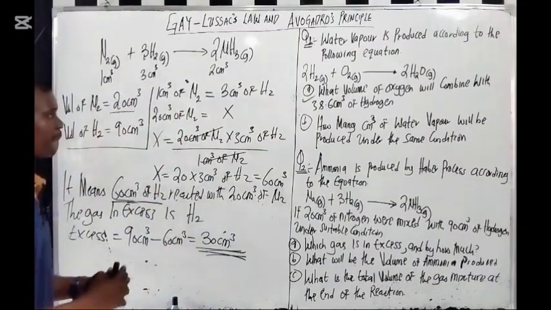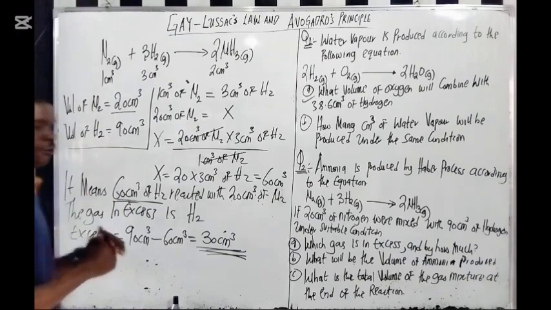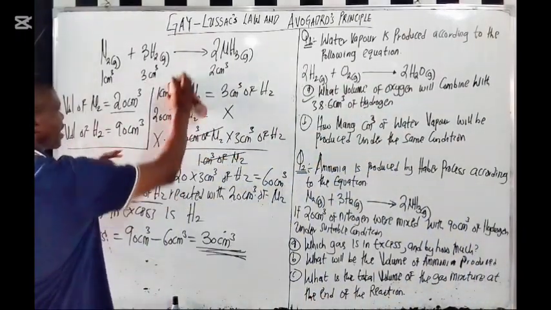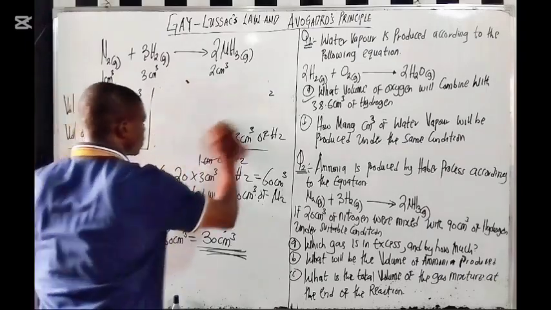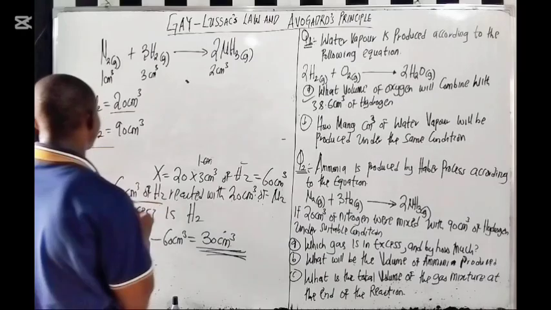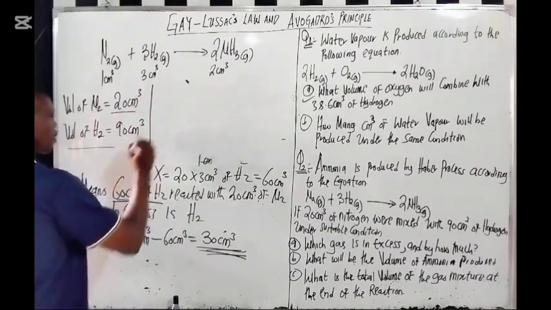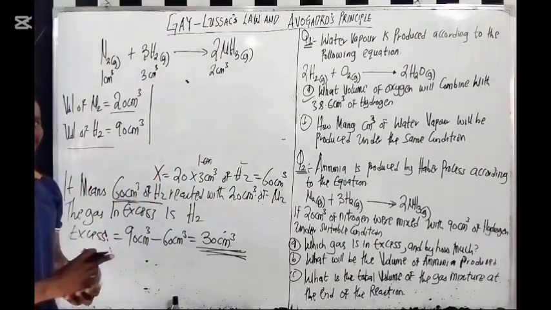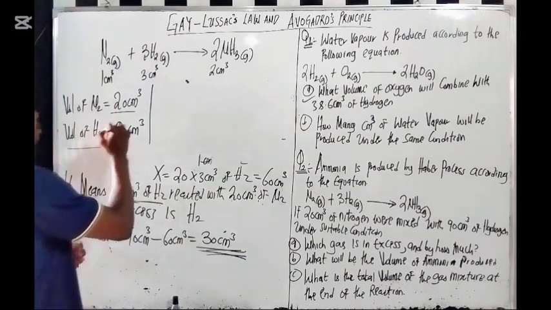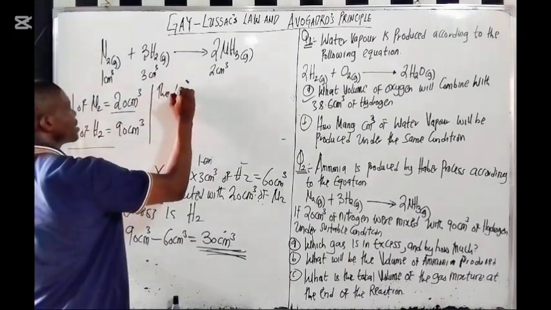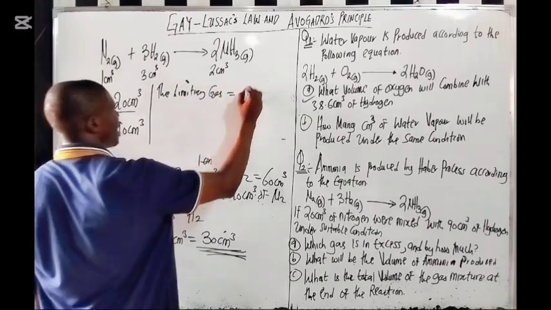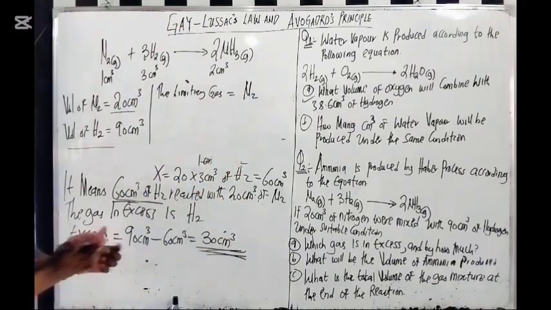So look at something here. From here you can see that they ask which of the gas is limiting. The limiting gas is N2.